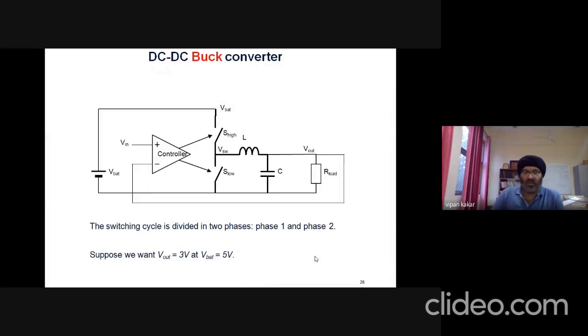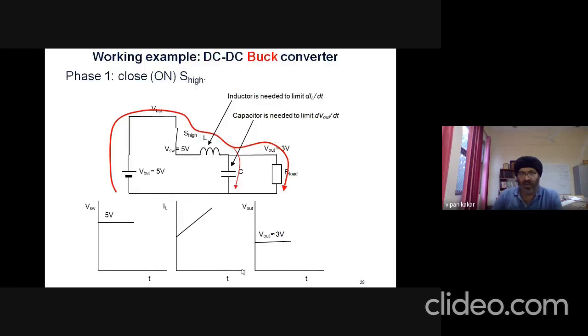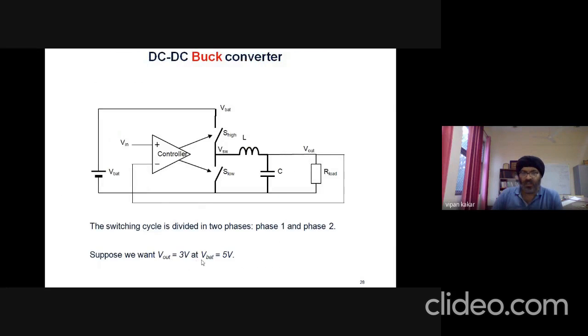Now, going further, we know that in continuous conduction mode, the switching cycle normally is divided into two phases, phase 1 and phase 2, as we have seen earlier. But this one is, at the input we have 5 volts, and at the output we have 3 volts.